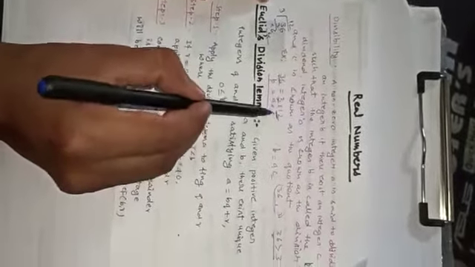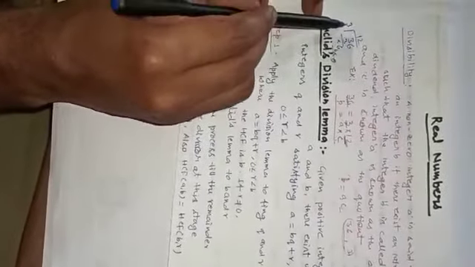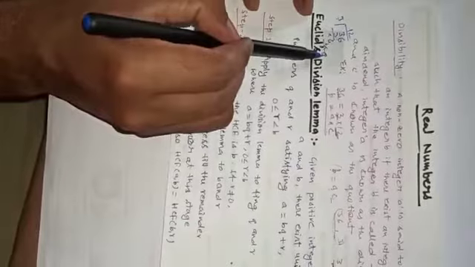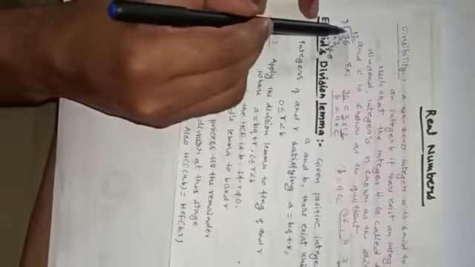This is also known as the simple division algorithm. Here the remainder is 0, that is, dividend equals divisor into quotient plus remainder, which is known as the division algorithm.